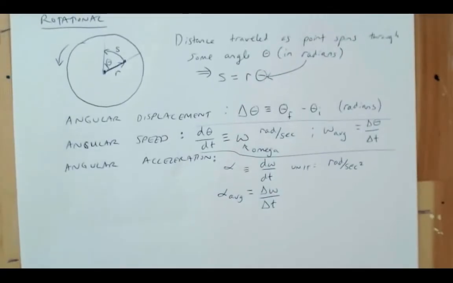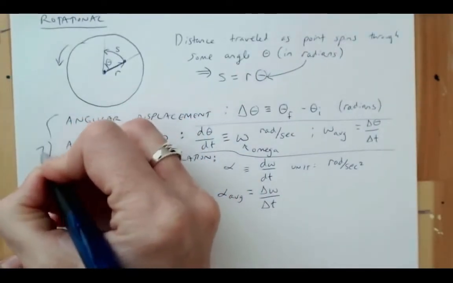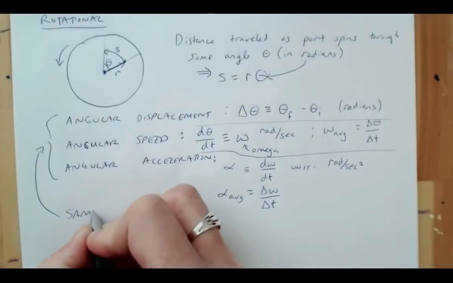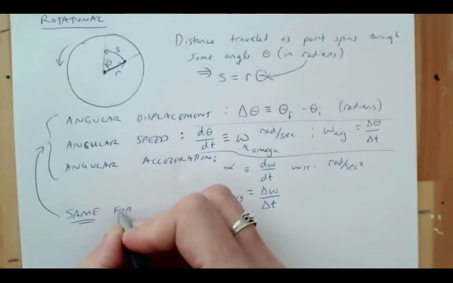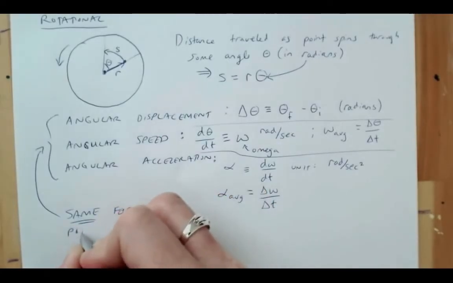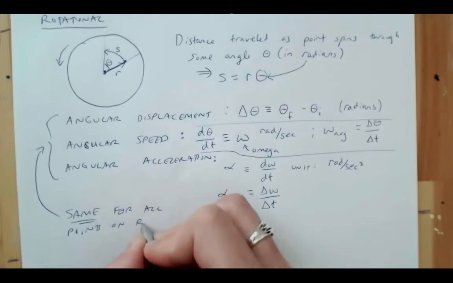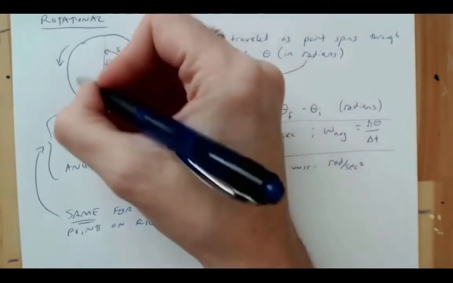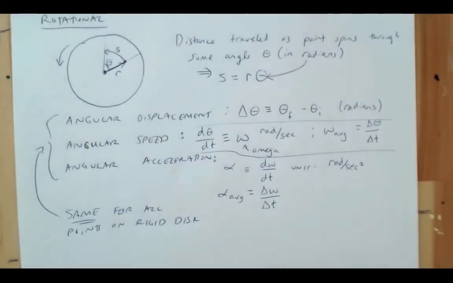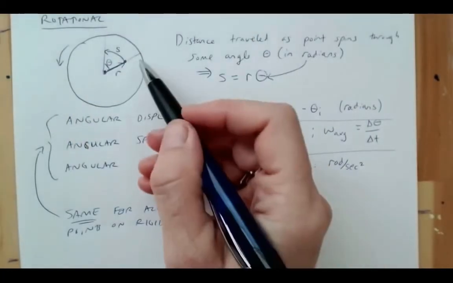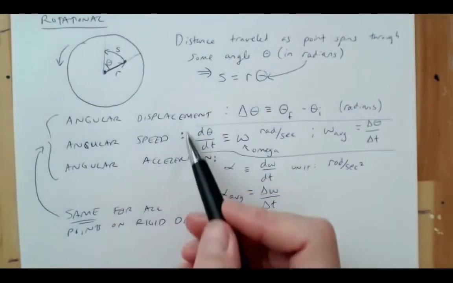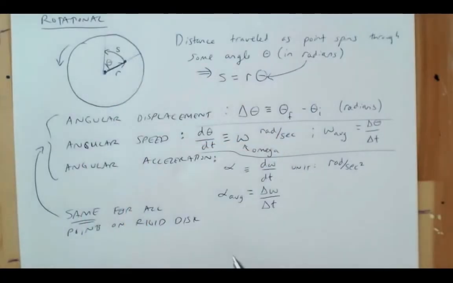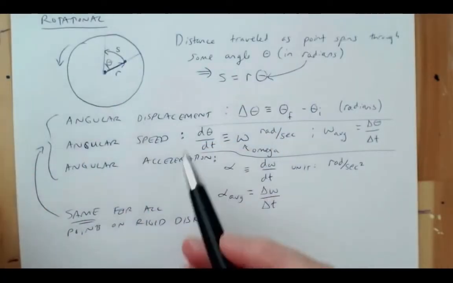Now, again, it's important to point out that these are going to be the same for all points on some rigid disk. So this is independent of where it is located. So these terminologies and these ways of describing this rotation of the disk apply to the entire disk.